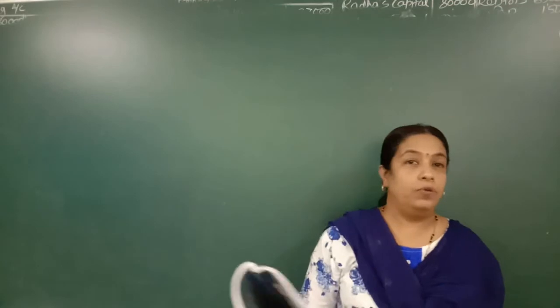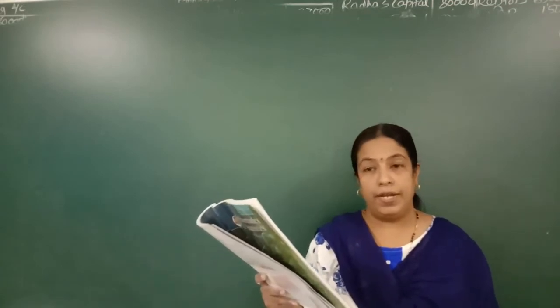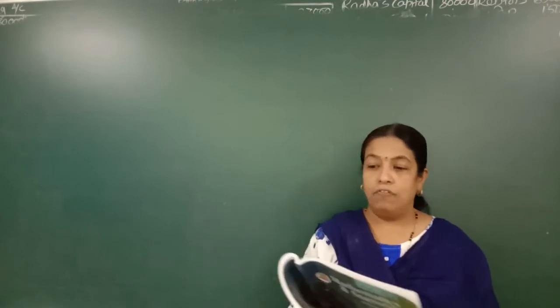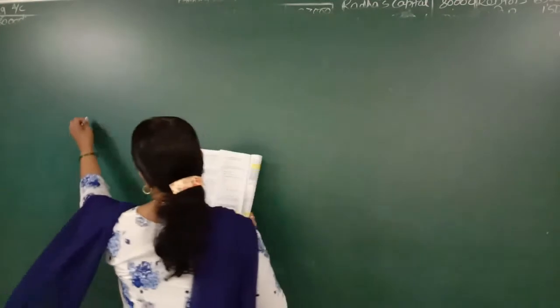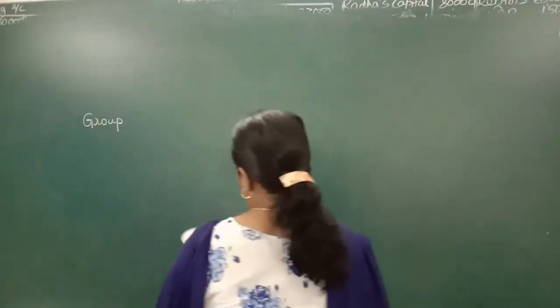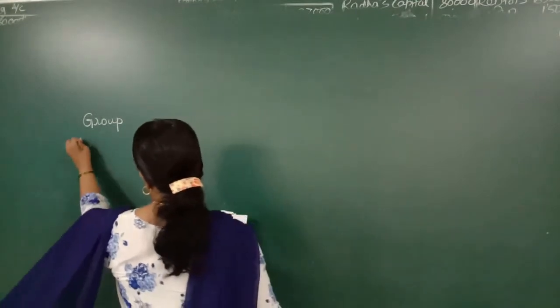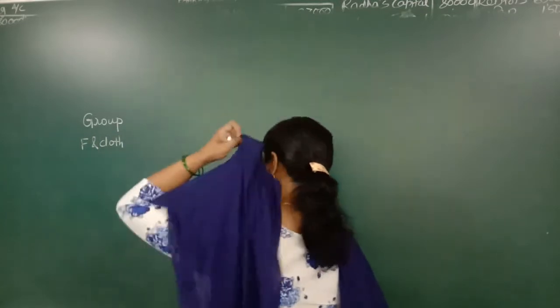Now, how are the questions there? Construct the cost of living index number for the following data. Okay. Now data we will write. Group. First group is there, food and clothing. I am writing the short forms here. Food and clothing.